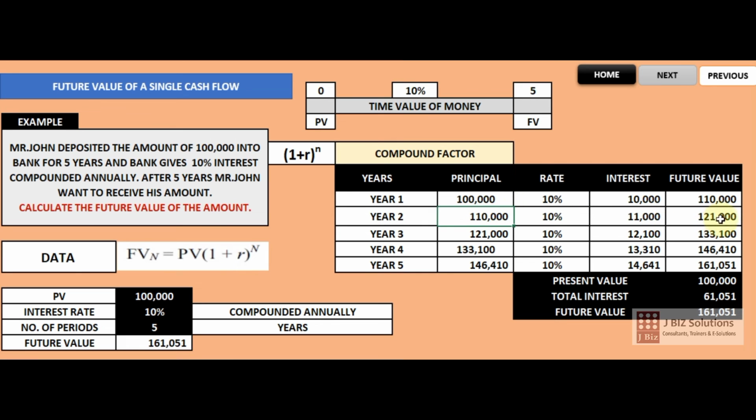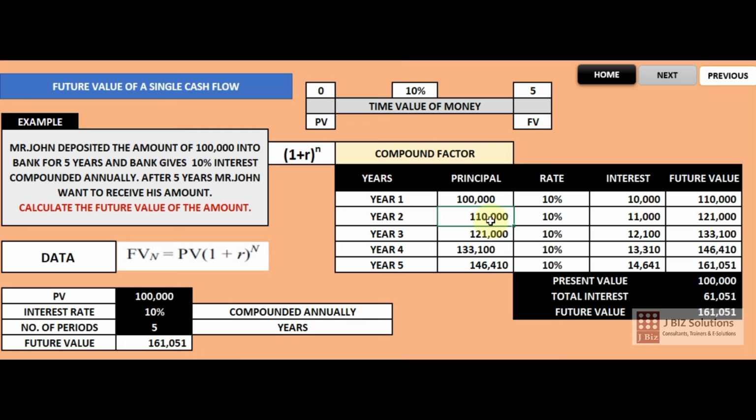So at the end of year 1, the future value would be 110,000, and at the beginning of year 2, the principal amount would change. 100,000 plus the interest added, so the principal amount would be 110,000. Again, the 10% rate would be applicable. So the amount of interest changes from 10,000 to 11,000. And at the end of year 2, the future value is 121,000.